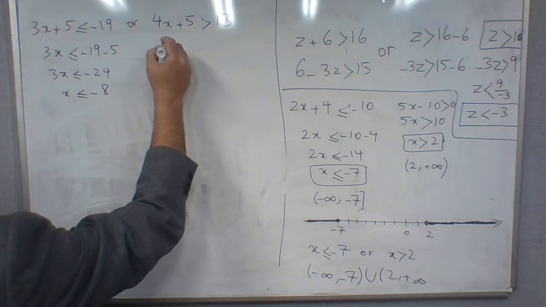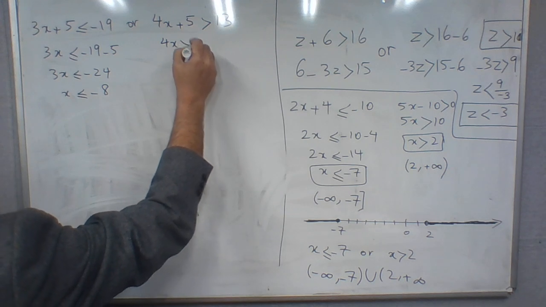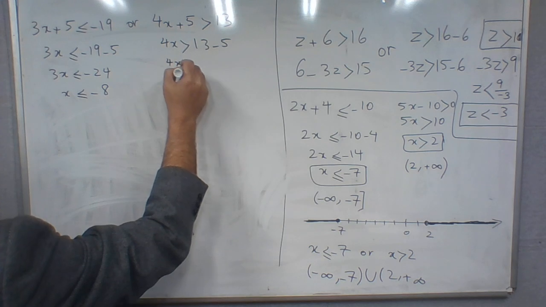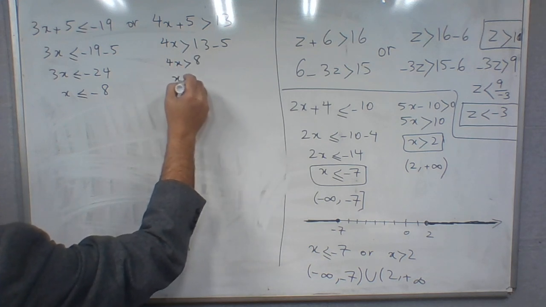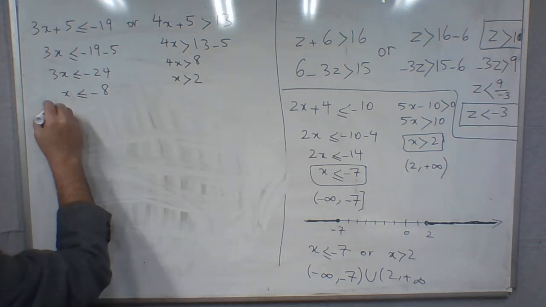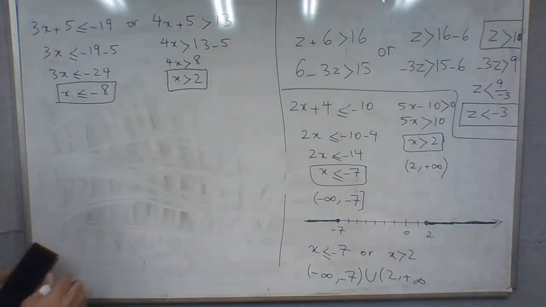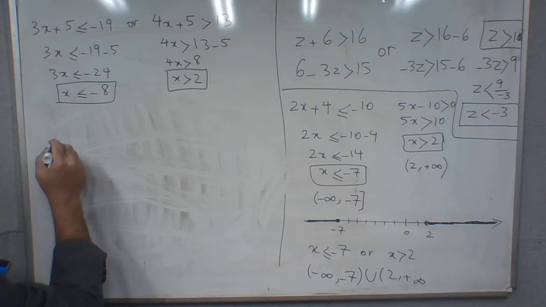And for this one, x is greater than 13 minus 5, so 4x greater than 8, x greater than 2. So this is the simplification of these inequalities. And then we need to graph it. Okay, graph it.